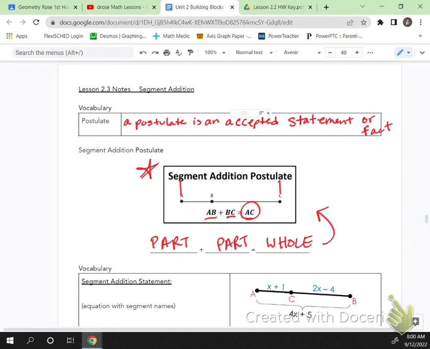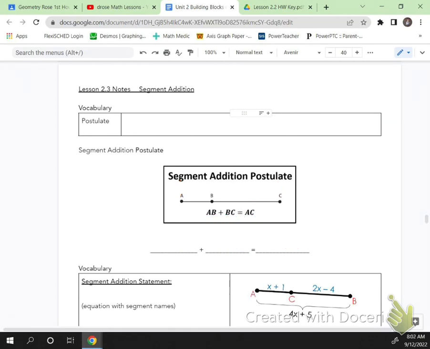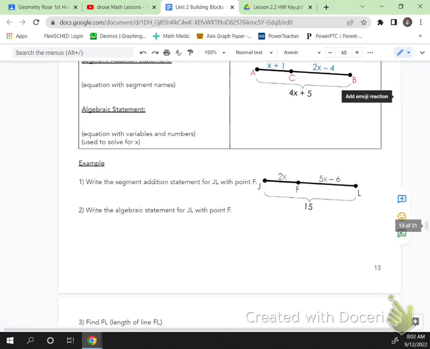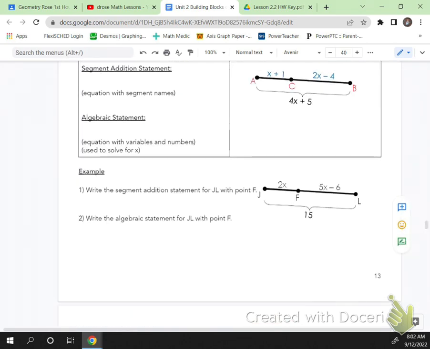When we assess you on this, we're going to ask you to do a few things. The first thing is write a segment addition statement. Note, this is the equation with the segment names. So I don't want to write an equation quite yet. But if we look at this image, what's the first segment? What's the first piece? What's its name? AC. And I'm going to use proper notation. AC.